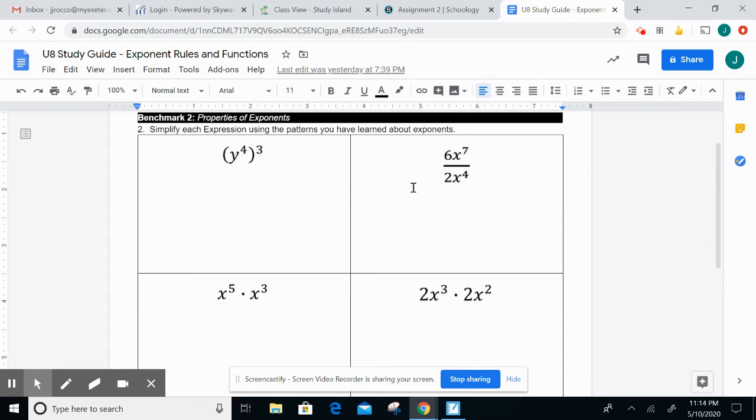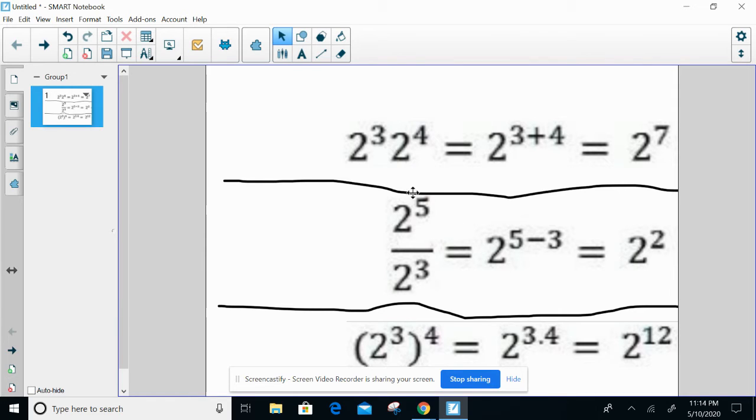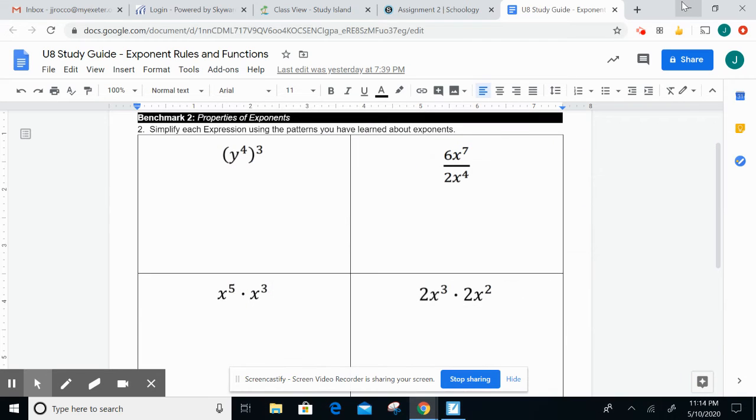All right, what about the next one? It's division. There's only one rule that involves division. It's this one, and that is where you're going to subtract the exponents. Now, just be careful. The numbers here are separate from the exponent. They're separate. I'll even put a little times there to help you out on that one. Numbers still divide like numbers. 6 divided by 2, you're not all of a sudden going to subtract.